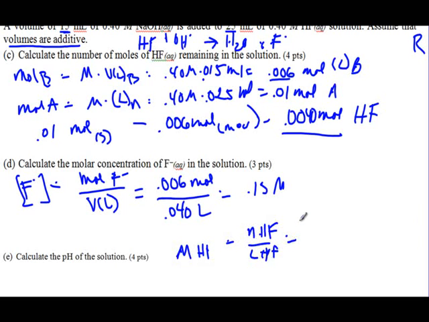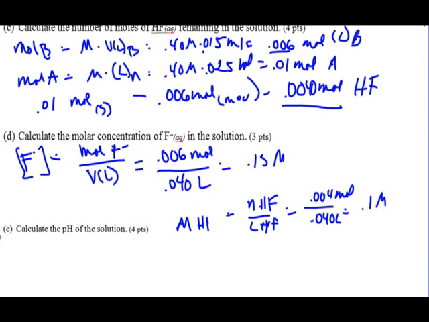I knew I had 0.004 moles left, and I have the added volumes, which we said was 0.040 liters. And this comes out to be 0.1 molar. So now I can use that and set up the RICE table.